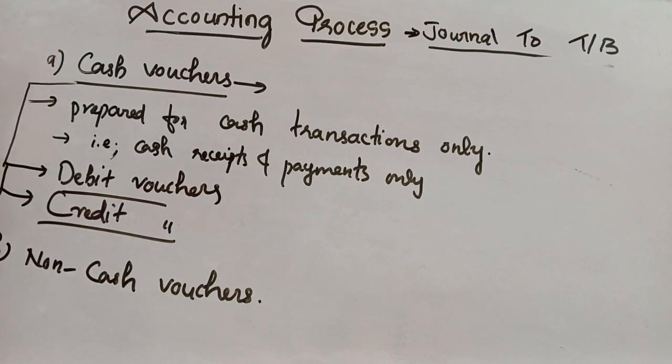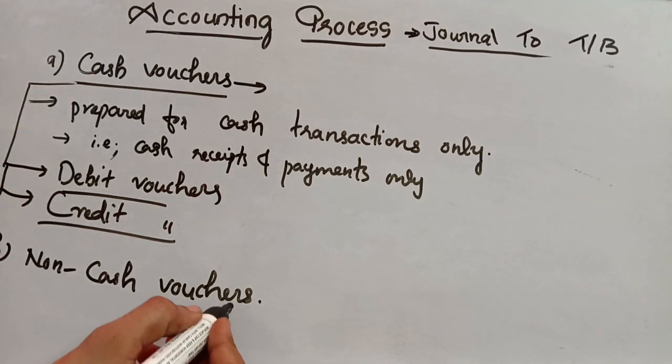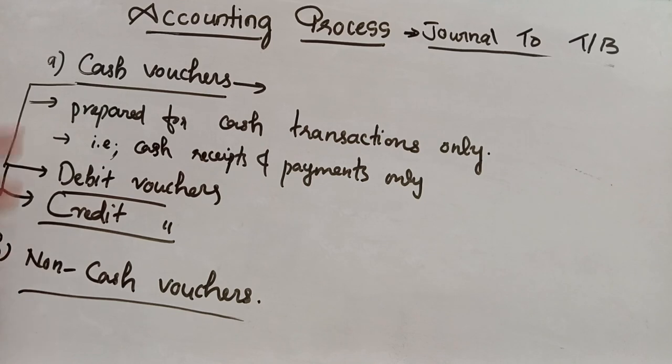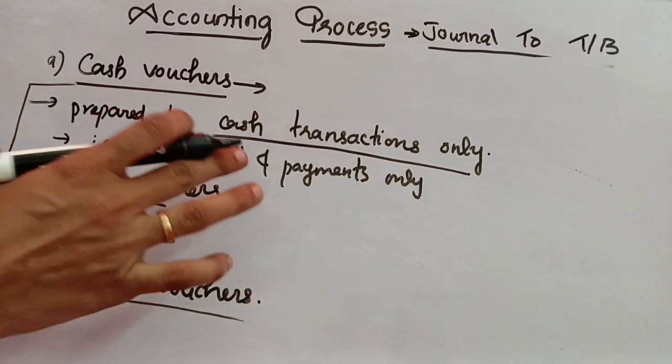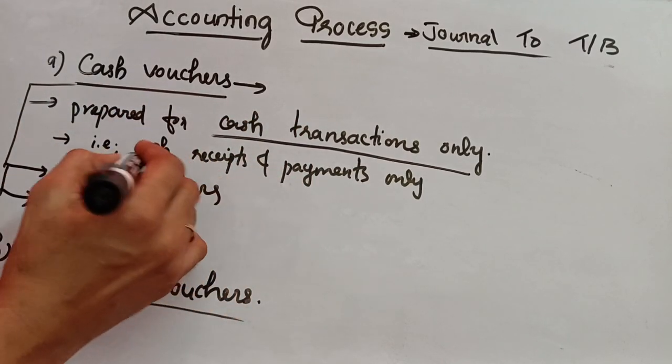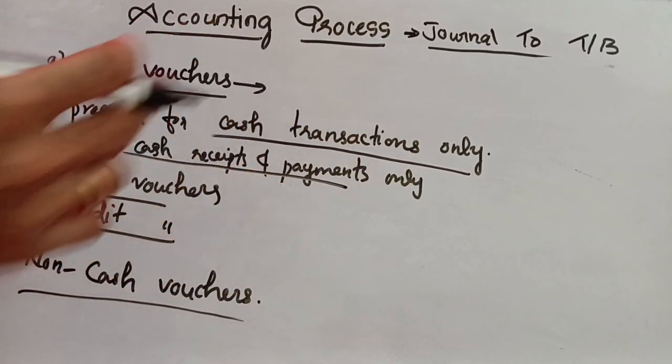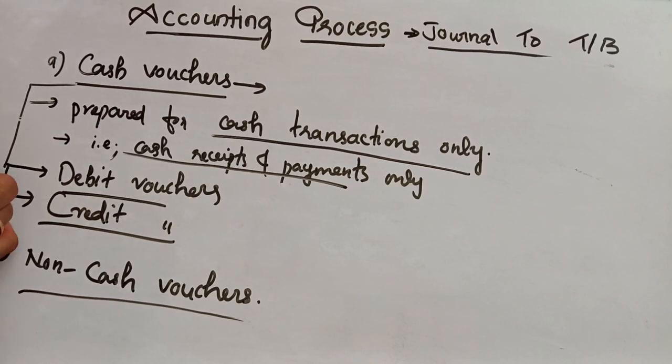They are further classified into cash vouchers and non-cash vouchers. Cash vouchers are prepared for cash transactions only, that is, cash receipts and payments, and these can be further classified as debit vouchers and credit vouchers.